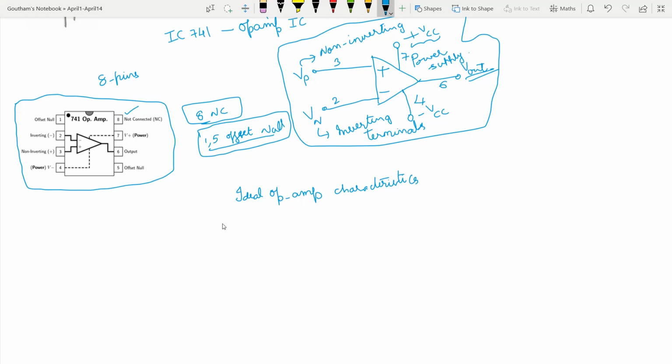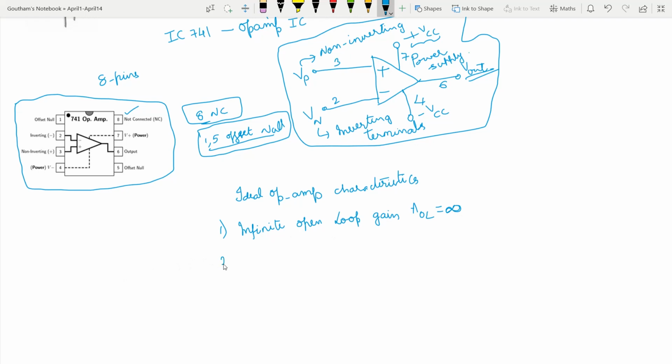The first ideal op amp characteristic that we require is infinite open loop gain. Open loop gain is nothing but AOL, A subscript OL. For an ideal op amp, we require an infinite open loop gain.